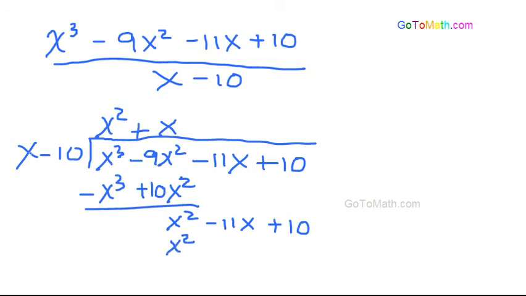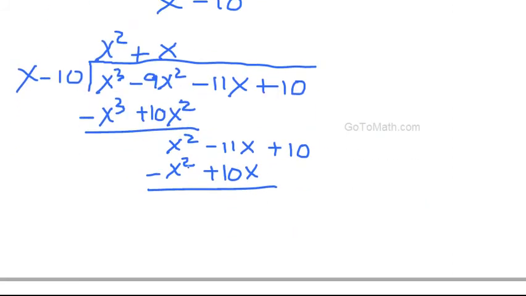Right, so x times x is x squared, then x times the minus 10 is going to be negative 10x. Minus, plus, and what do we got here? We got a negative x, it looks like, and then plus 10. So what it's looking like, x goes into negative x, going to be left with a minus 1.